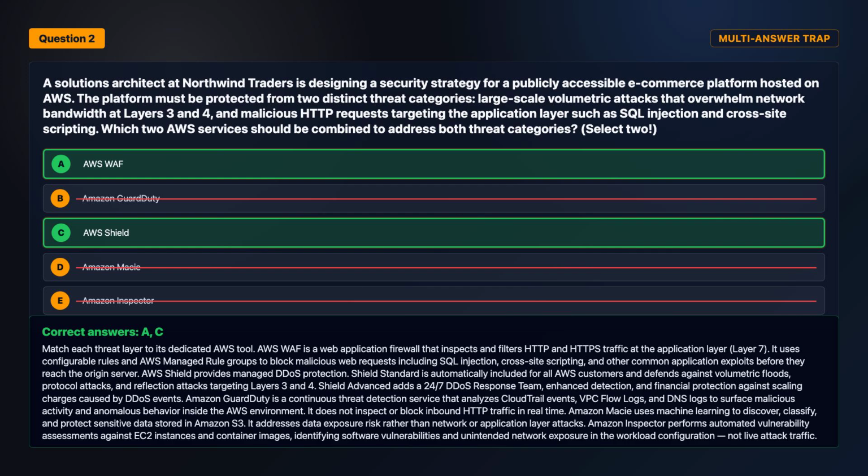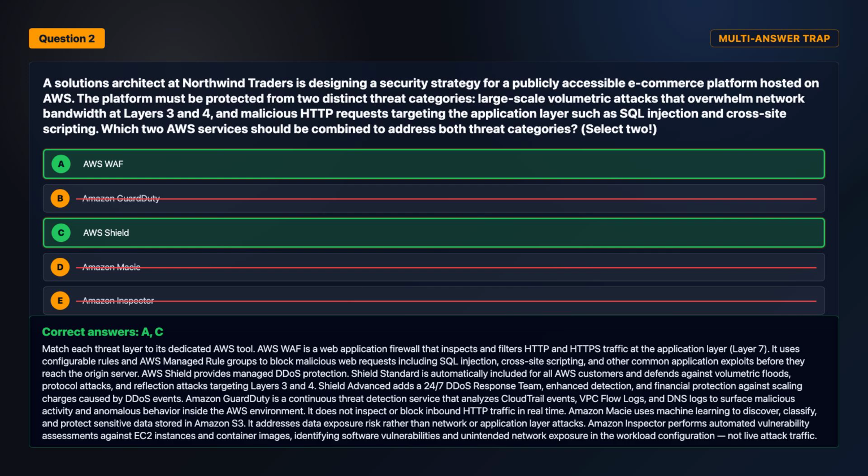Amazon GuardDuty is a continuous threat detection service that analyzes CloudTrail events, VPC flow logs, and DNS logs to surface malicious activity and anomalous behavior inside the AWS environment. It does not inspect or block inbound HTTP traffic in real time.